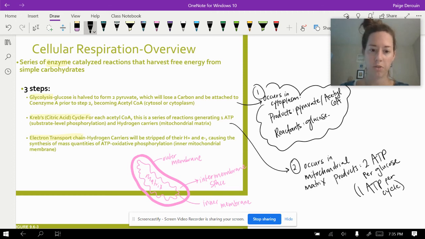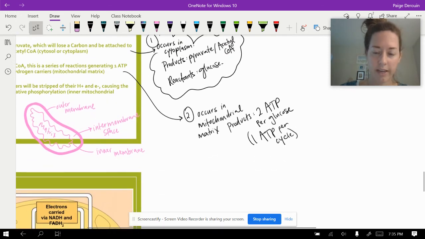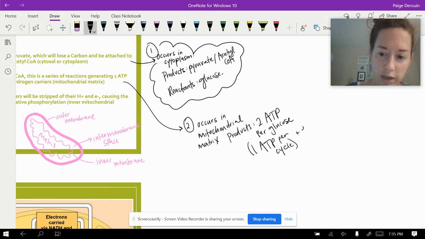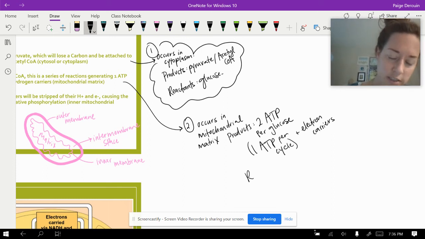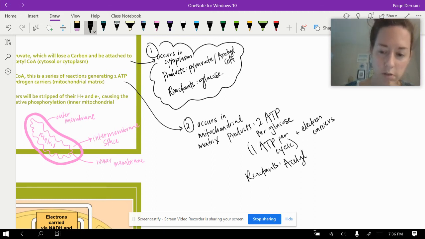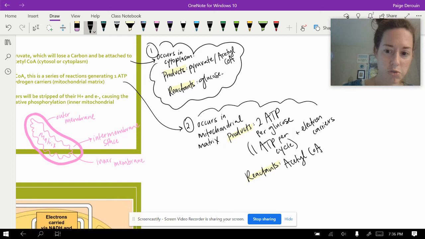And then the other things that are produced are electron carriers, which will be important later on. The reactants were just acetyl CoA, which used to be pyruvate. Products, reactants, products, reactants. And that is step 2, that's Krebs.